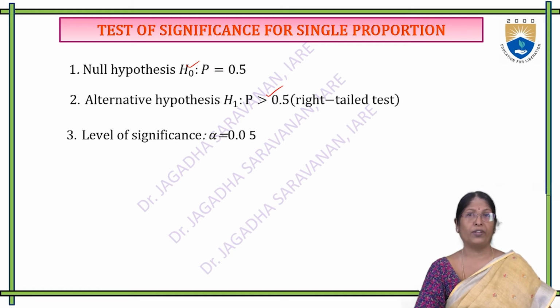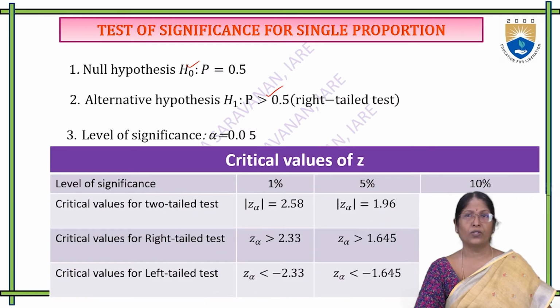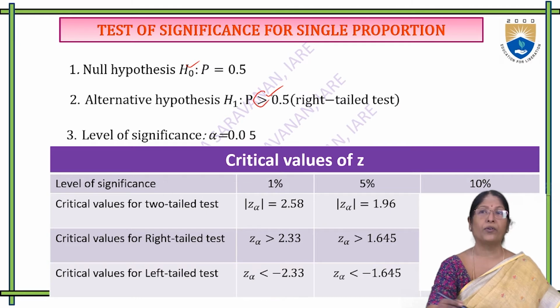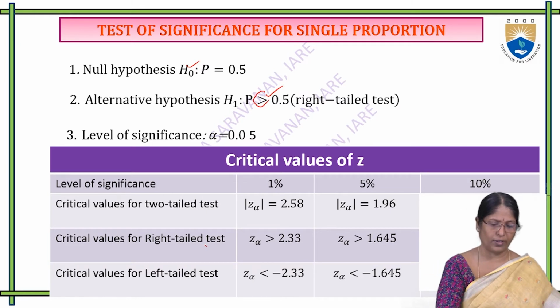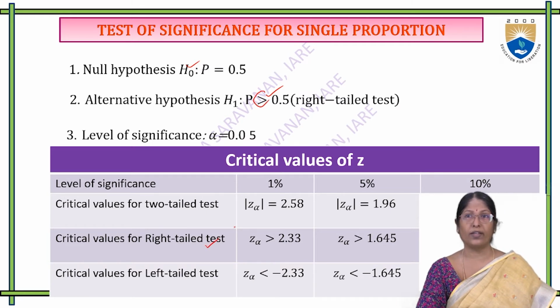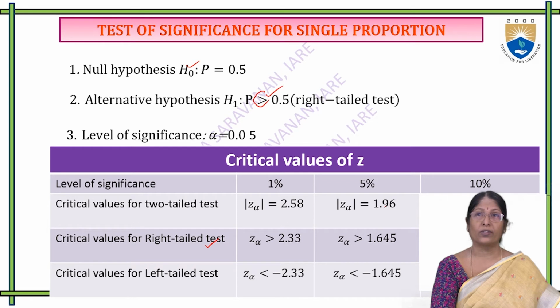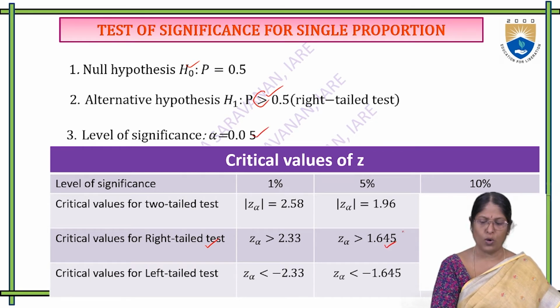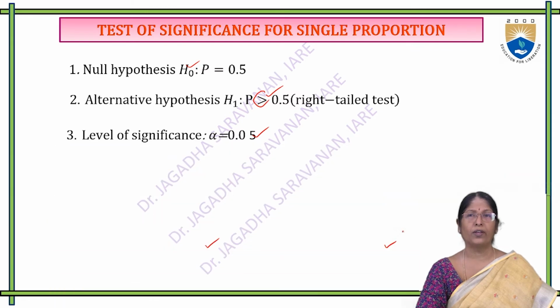If it is not given, by default we take 0.05. The right-tailed test, because of this greater than symbol, is a one-tailed test. Here 1.645 is the critical value at the level of significance 0.05.